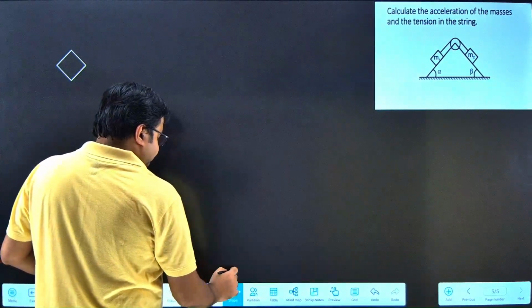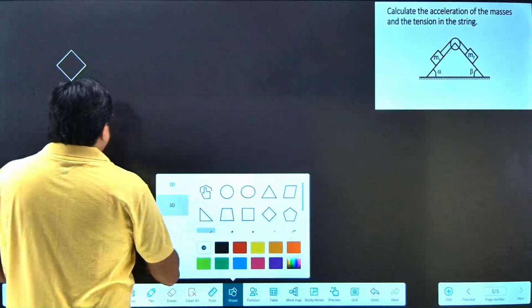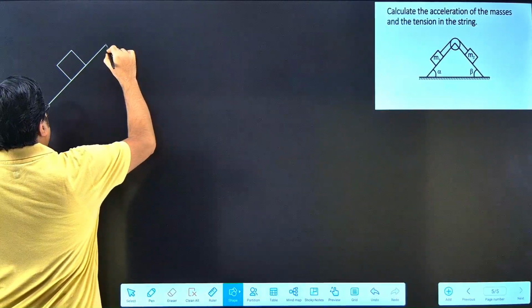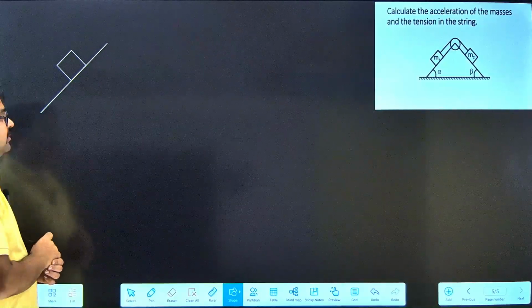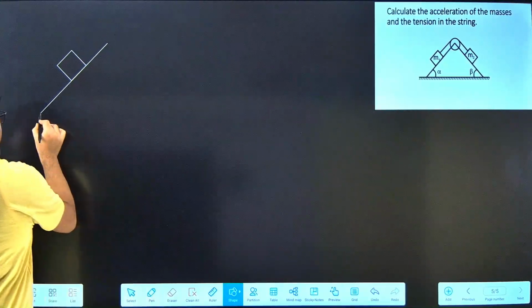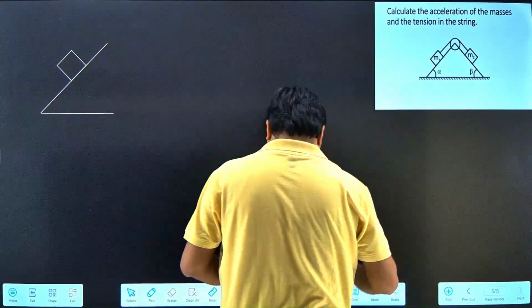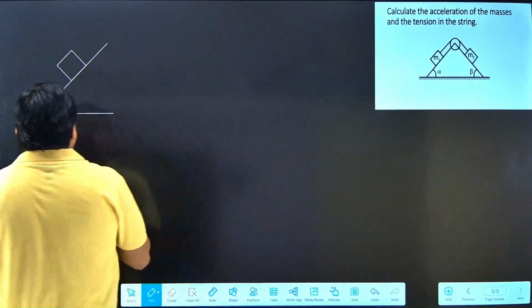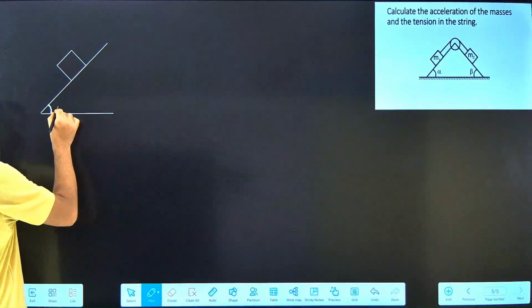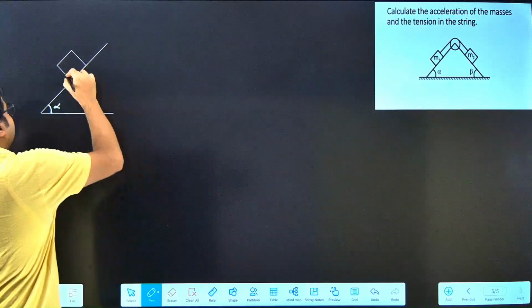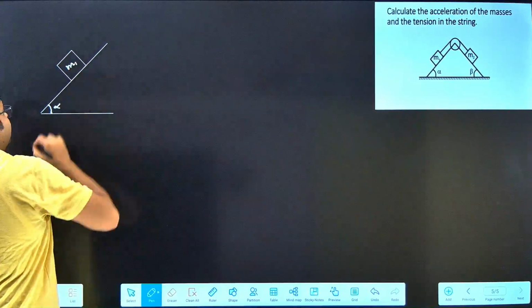Let me also draw the wedge. So here is the wedge, and the question says that the wedge makes an angle alpha out there. So let me draw this angle as alpha. The mass of the object there is m1.